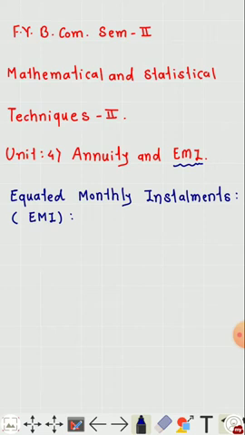We learn two methods to find the size of the installments. The first one is obviously based on the formula for present value of an annuity.